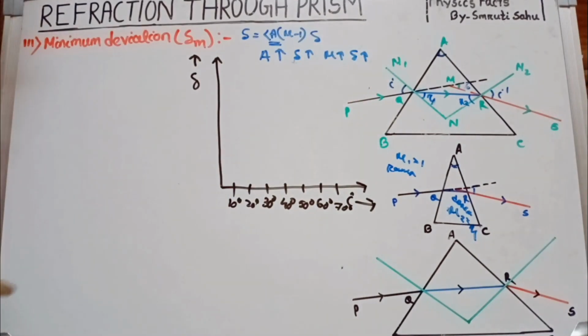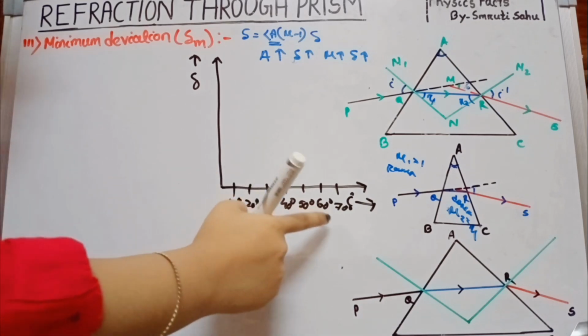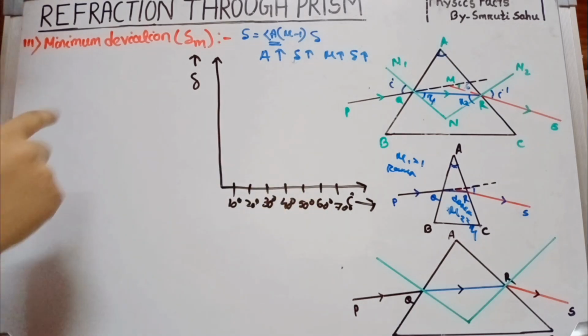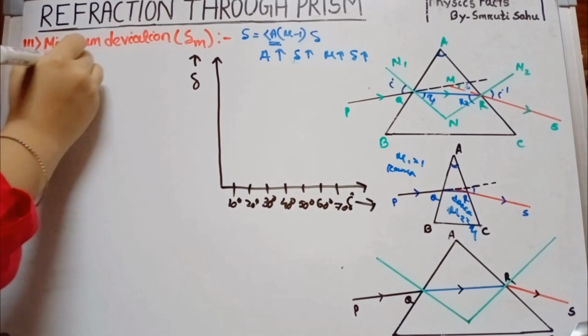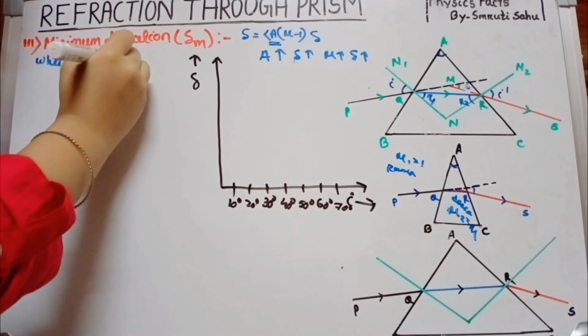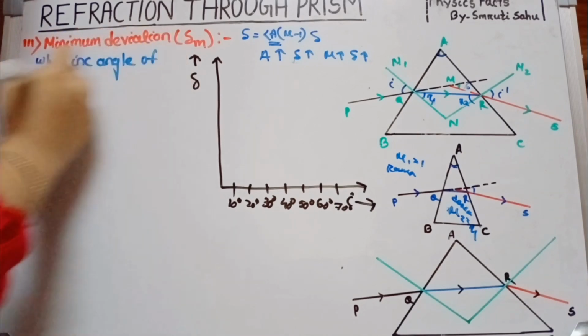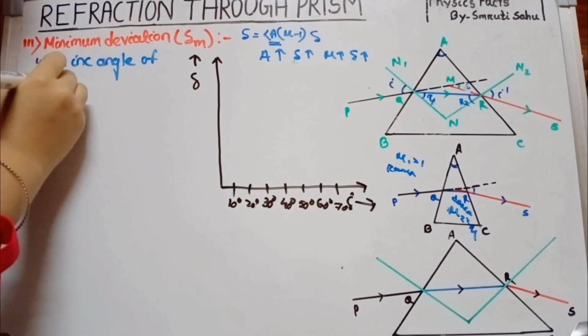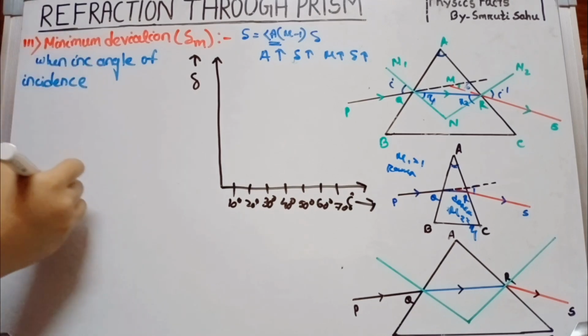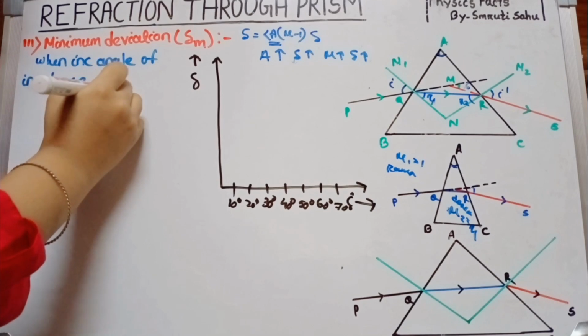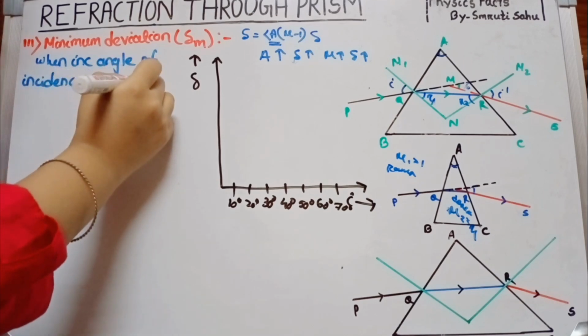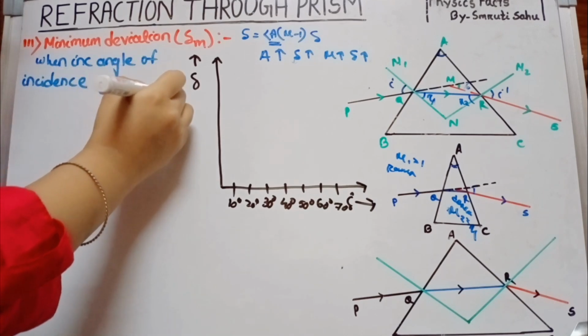But what happens when we increase the angle of incidence? Clear? When we increase angle of incidence, angle of deviation decreases.